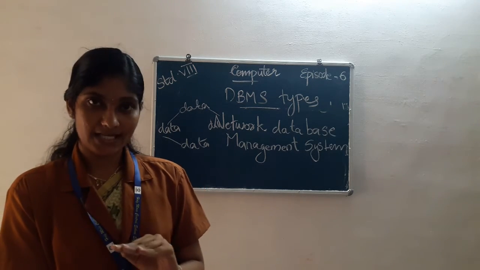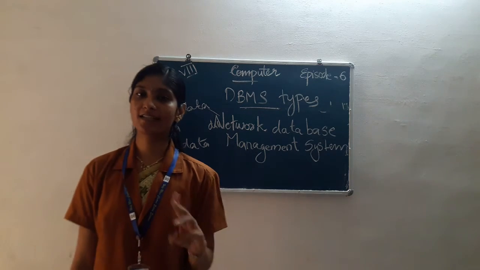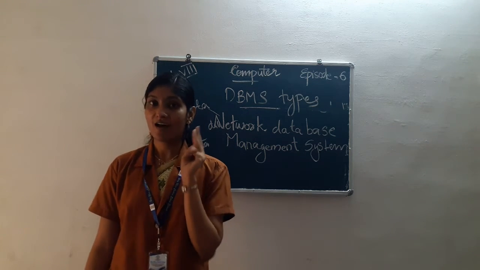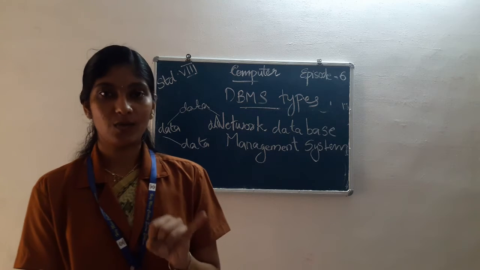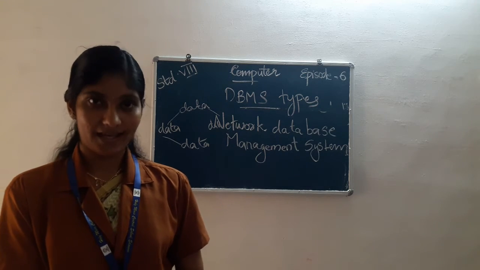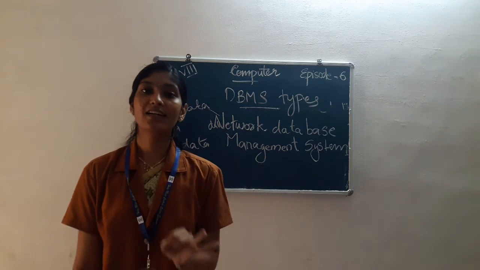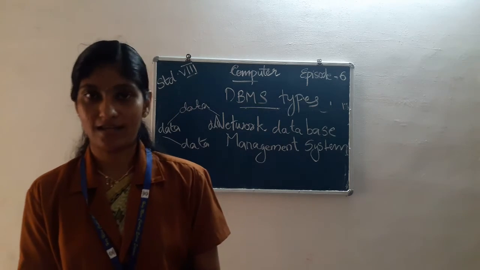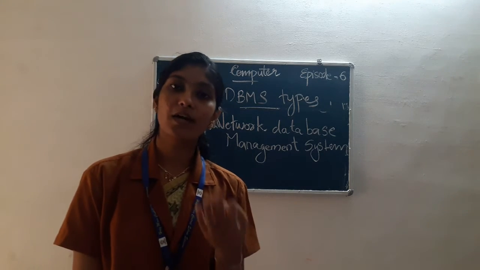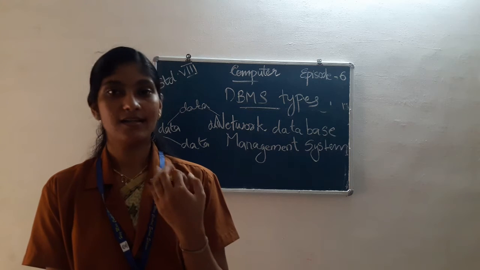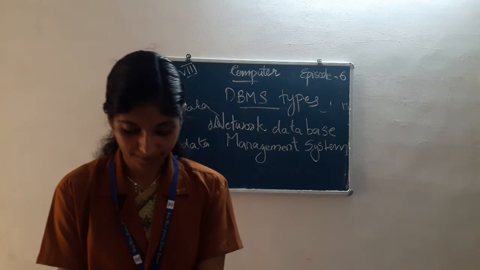So what are the three database management systems we discussed today? First one, relational database management system. Second one, hierarchical database management system. And third one, network database management system.